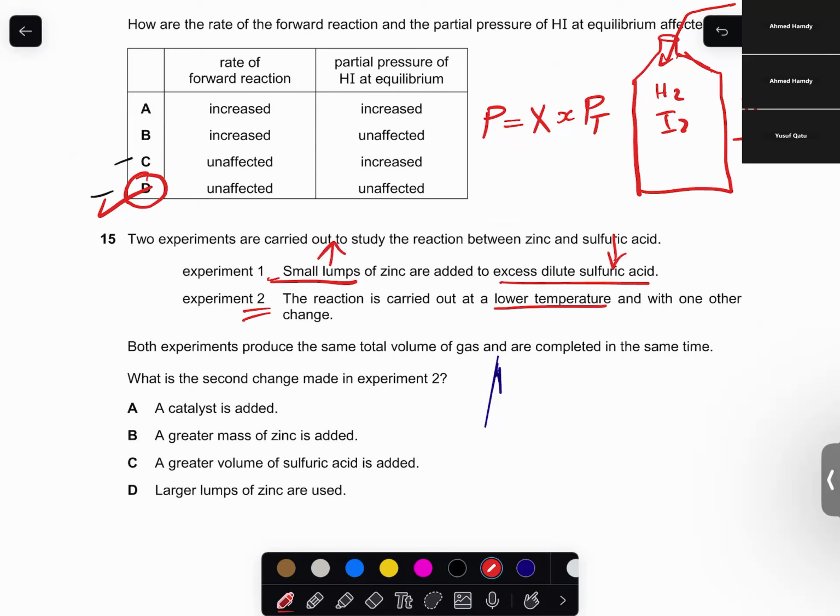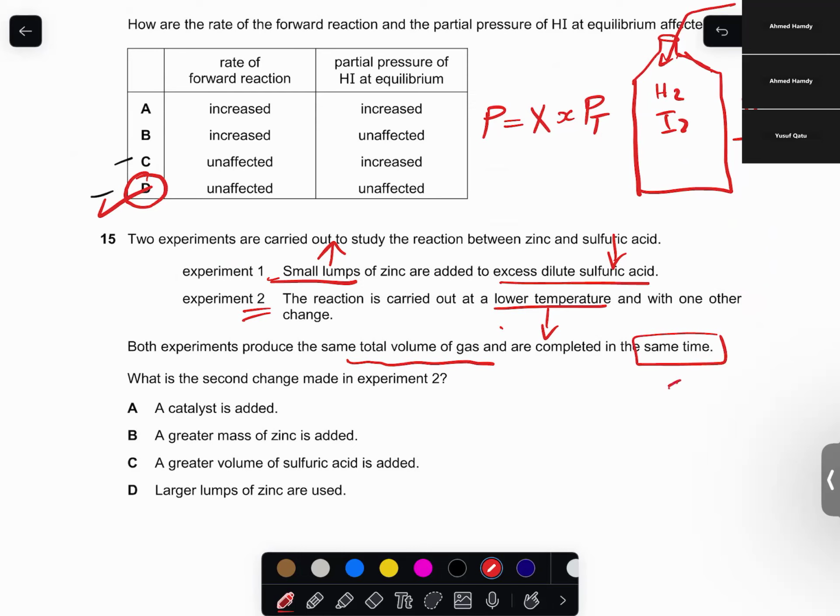Here I have a factor that decreases the rate. Both experiments produce the same total volume of the gas, and are completed in the same time.